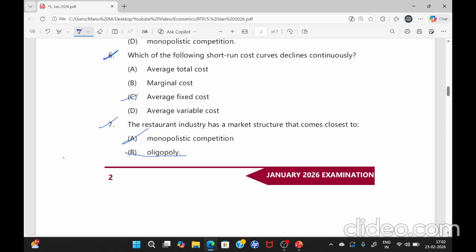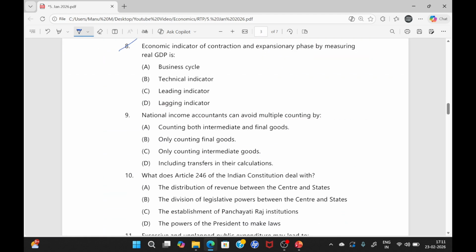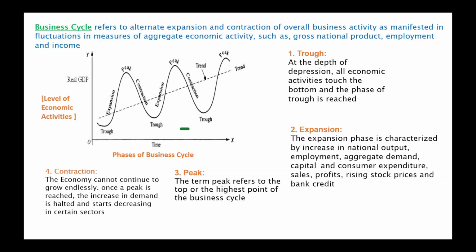In monopolistic competition, there are a large number of sellers dealing with differentiated products. Question number 8. Economic indicator of contraction and expansionary phase by measuring real GDP is. Which of these economic indicators is measured by fluctuations in the real GDP? That's what they are asking.